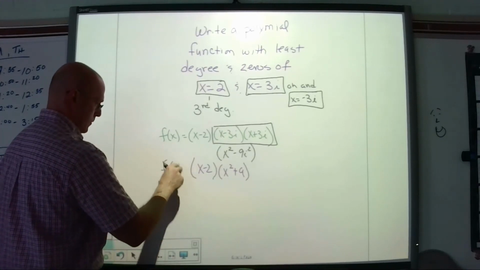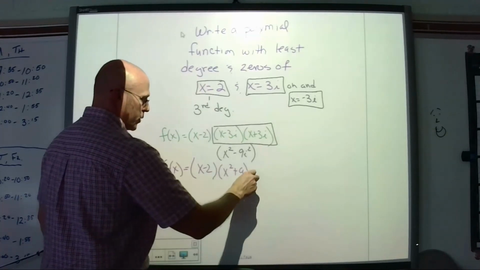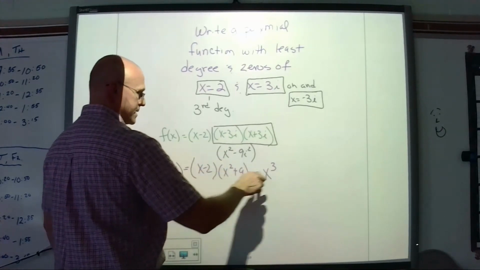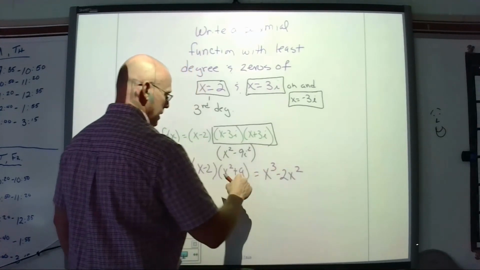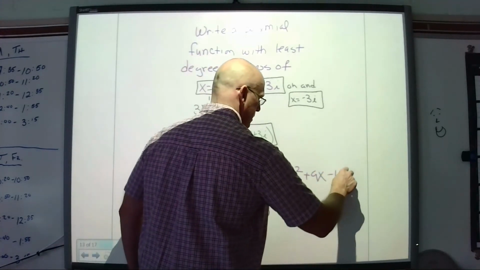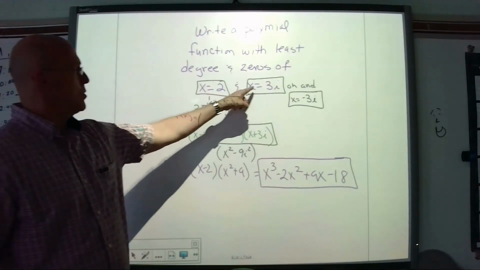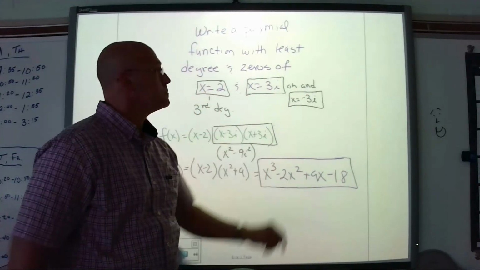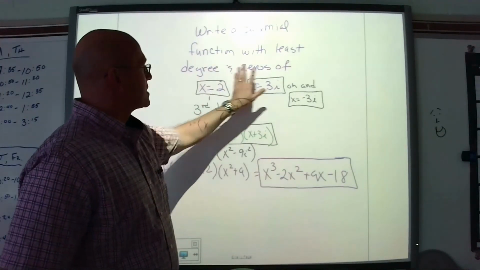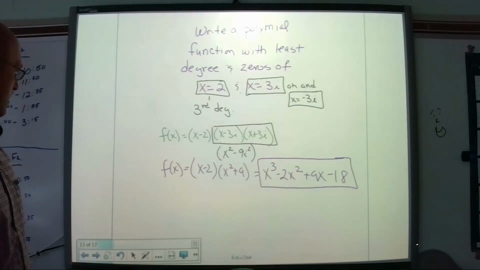Now I keep going on this. Take the x squared through. You're going to get x cubed minus 2x squared plus 9x minus 18. There is a polynomial that has zeros of 2, 3i, and negative 3i. So now I have my polynomial function that meets the criteria.